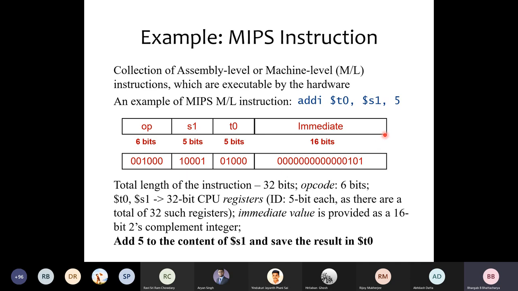So now you have a problem. This 5 is saved here using 2's complement in 16-bit, right? But the content of S1 is 32-bit. So you have to add a 16-bit string to a 32-bit content. So that means in hardware, you need to do something else. Do you appreciate this problem?